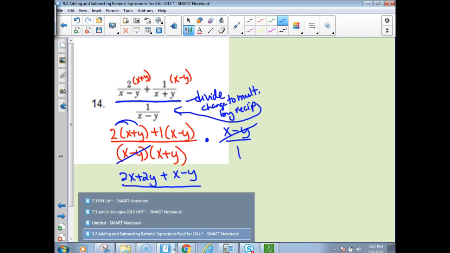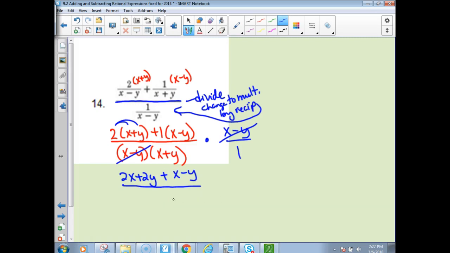Okay, it's one whole term. So all I have on the bottom is x plus y in my denominator now, because I replace those with ones, essentially. X plus y times 1 is x plus y. Now I have to see what my numerator simplifies to. Well, I've got a 2x plus x, so that's 3x. I have a 2y minus y, which is just y. And then I'll have people who will cross out the y's.